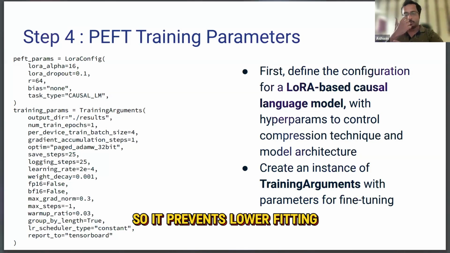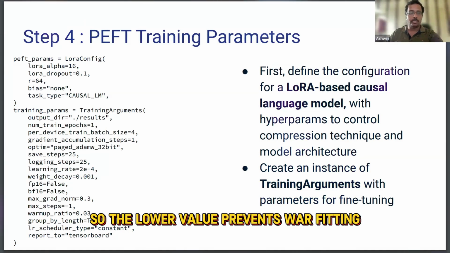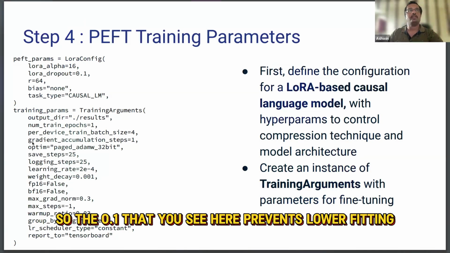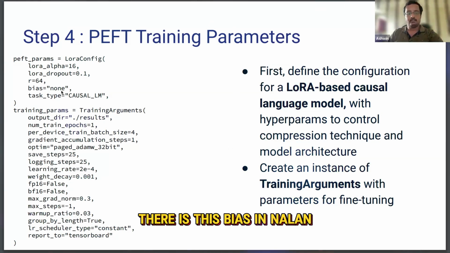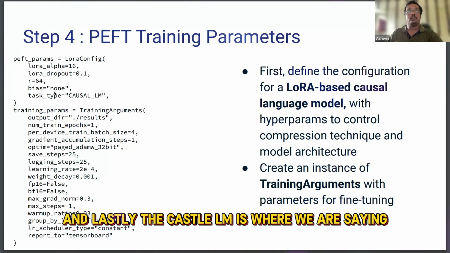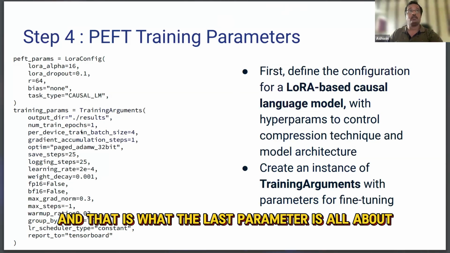The higher the rate, the more it tends to overfit, so the lower value prevents overfitting. And then there are a few other hyperparameters. There is bias is none, which tries to reduce the bias in certain parts of the network. And lastly, the causal LM is where we are saying we want to use a LoRA-based causal language model, and that is what the last parameter is all about.